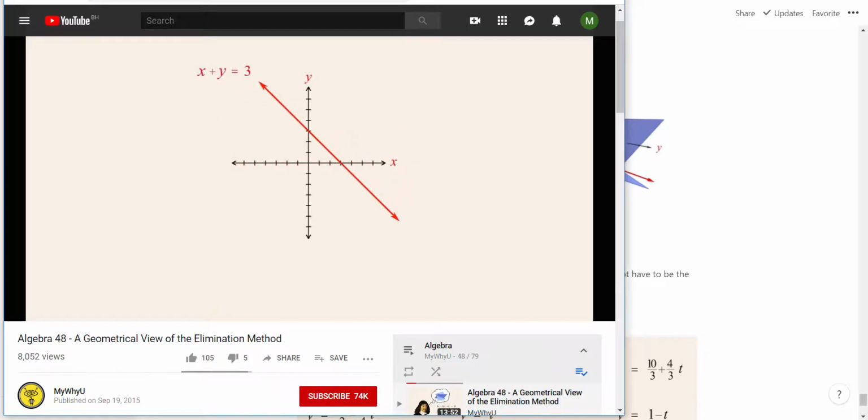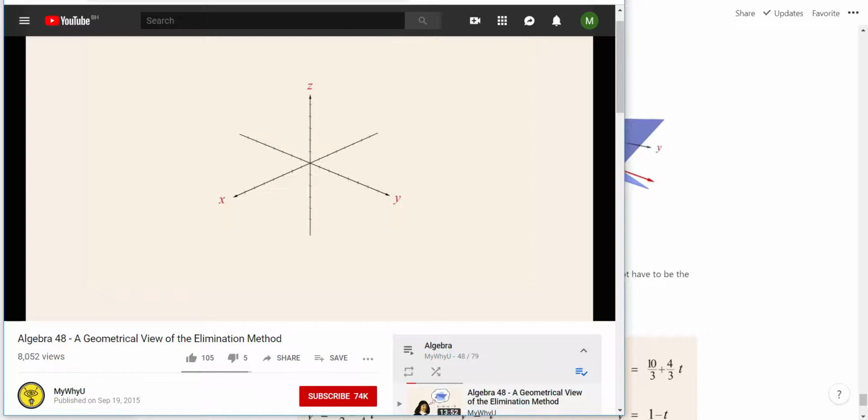Likewise, the graph of an equation with y eliminated will be parallel to the y-axis. The same holds true for linear equations in 3 variables. The graph of an equation will always be parallel to the axis for the variable which was eliminated.